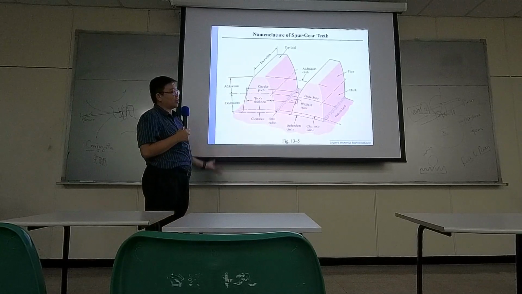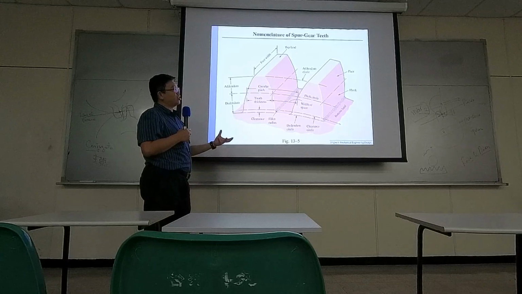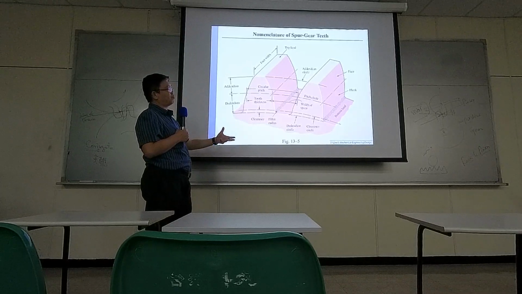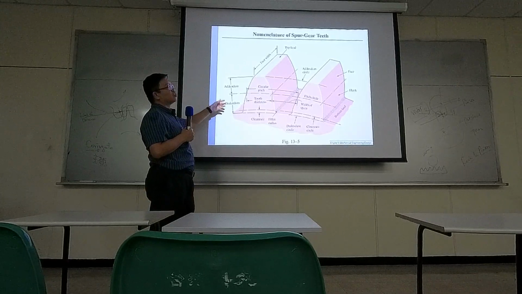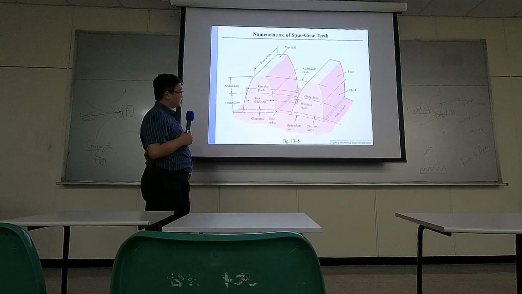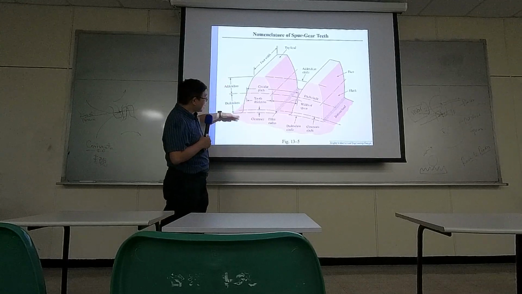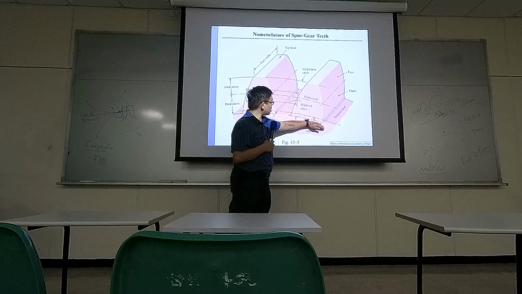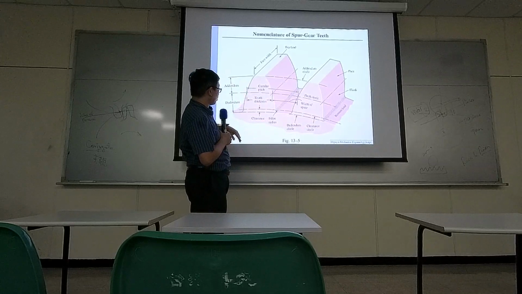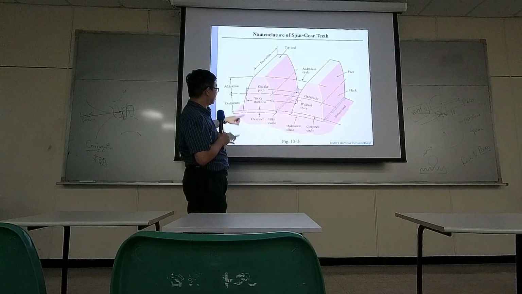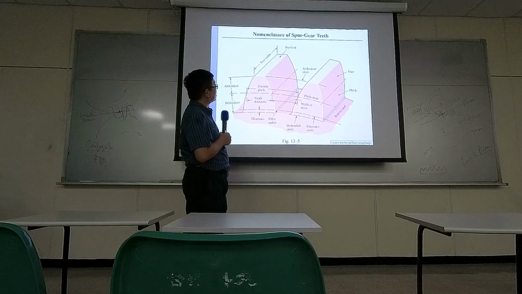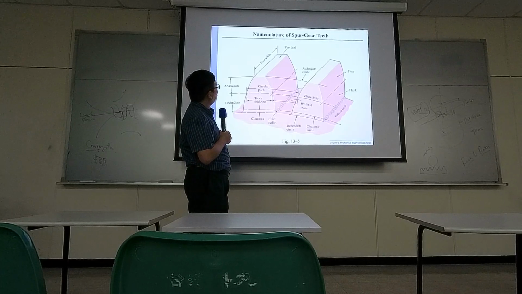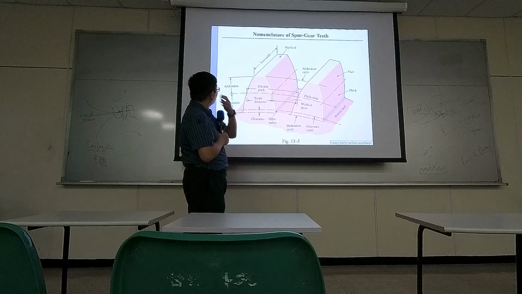Since we may be reading textbook papers in English, please learn those English words. At the bottom, right here, there is a base circle, which is not mentioned in the slides later. I think that's pretty much what you need to know.